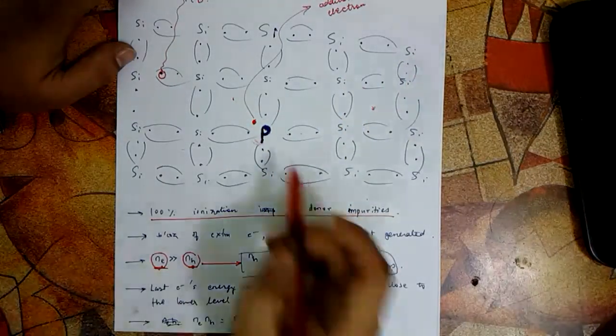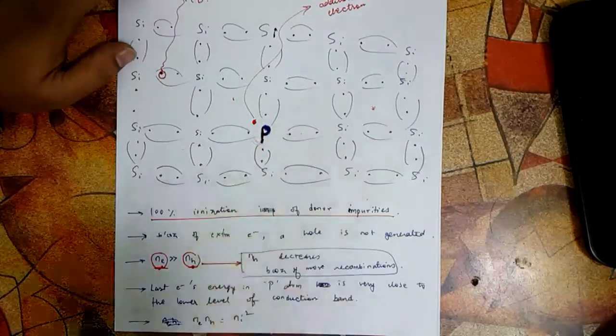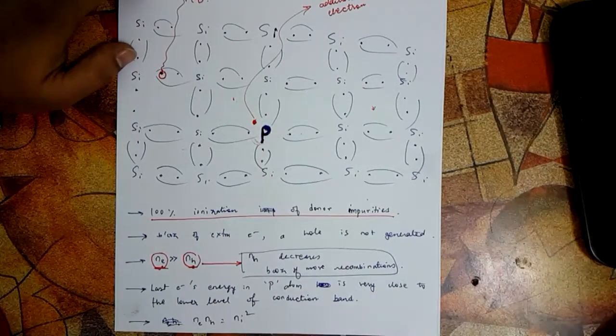But once we have added these pentavalent phosphorus atoms, more and more electrons are there. Now these electrons in the conduction band are roaming all around the crystal lattice. And what they do is, sometimes they find the holes.